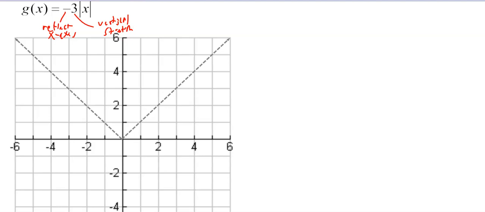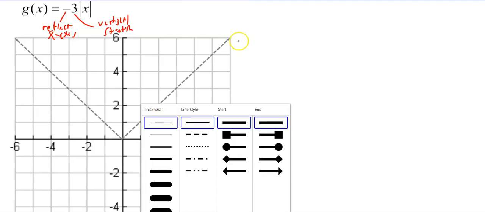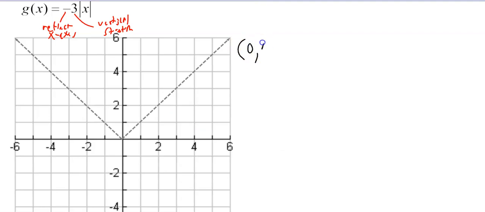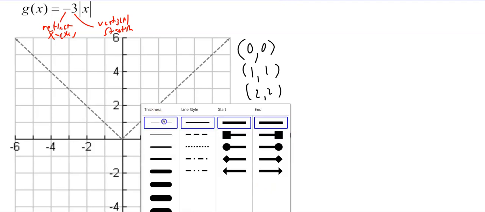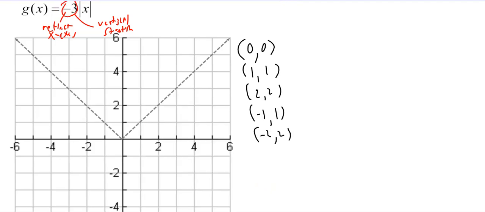So again, what I tend to do every time here, especially when you're getting used to this, is just write out all the points you know and love: (0, 0), (1, 1), (2, 2), (-1, 1), and (-2, 2). So multiply all the y values by negative 3, that should take care of both transformations in one step, which is really nice.